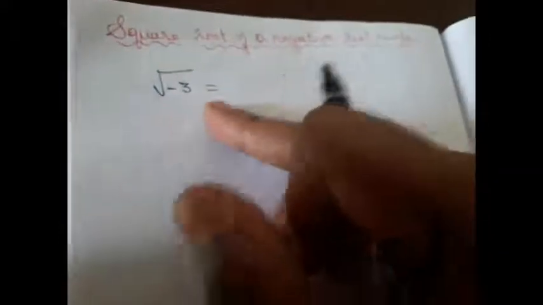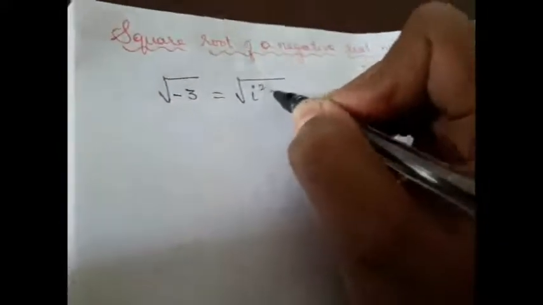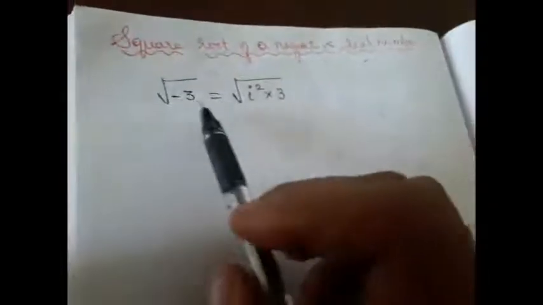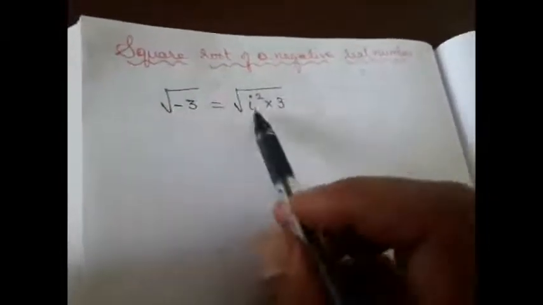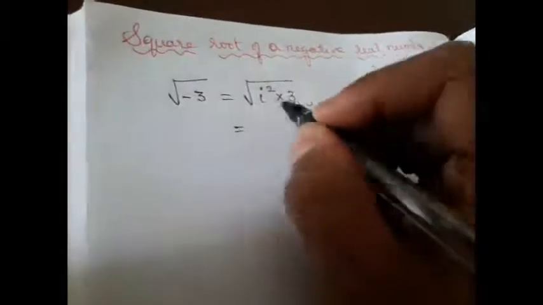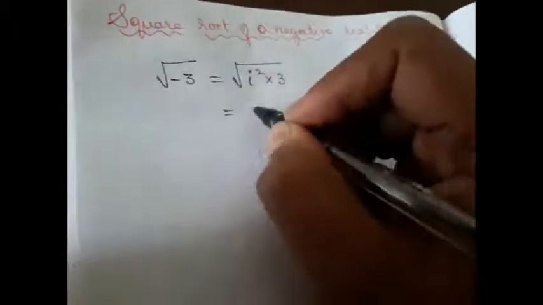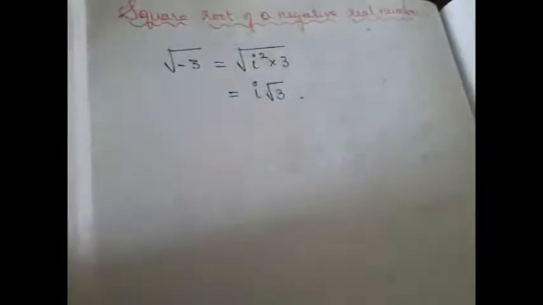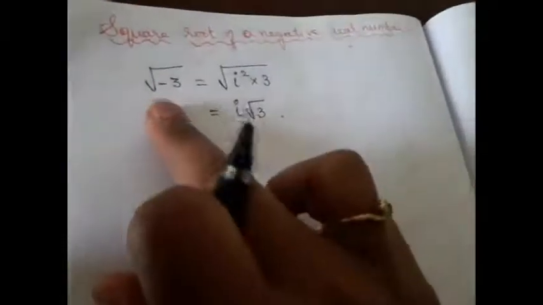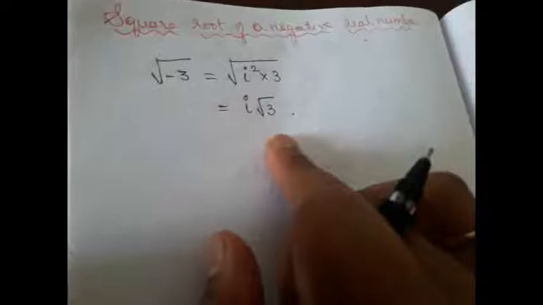Let us see the square root of minus 3. This can be written as i square into 3, because minus 3 is minus 1 into 3, and minus 1 is i square. If you take the square root of i square, it is i. So the square root of minus 3 is i root 3.